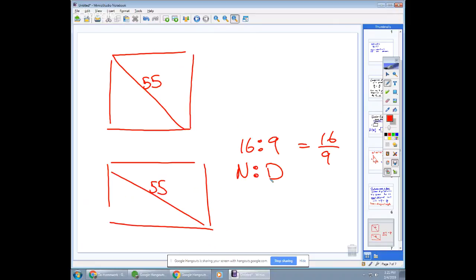Okay. We're going to do a little algebra that we usually don't do. We're going to see if we can solve the problem: if we know we have an HD TV and we're given that it's a 55-inch TV, can we figure out the length and the width of the TV? Yes.